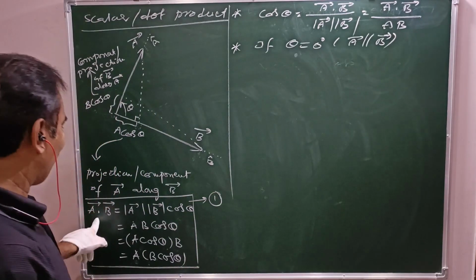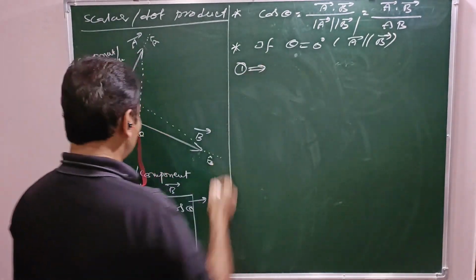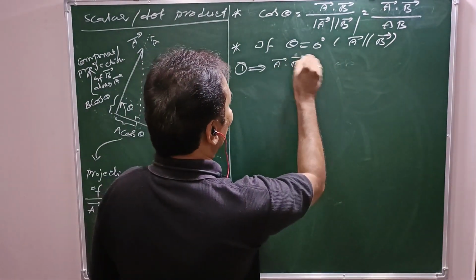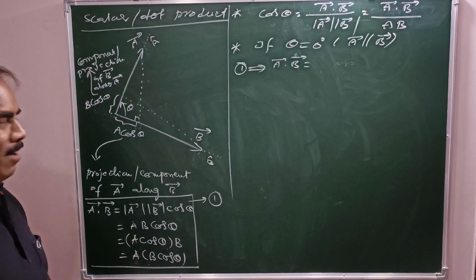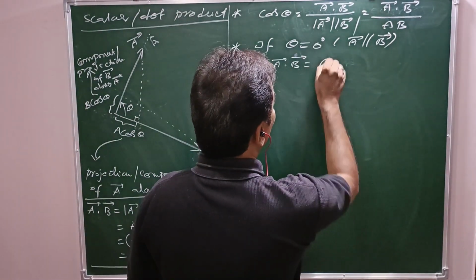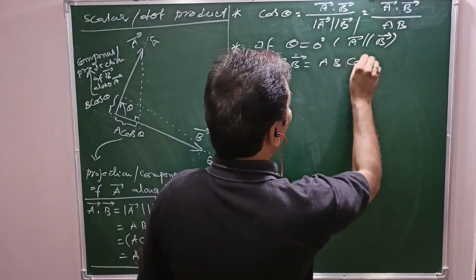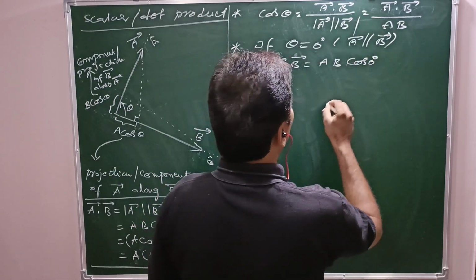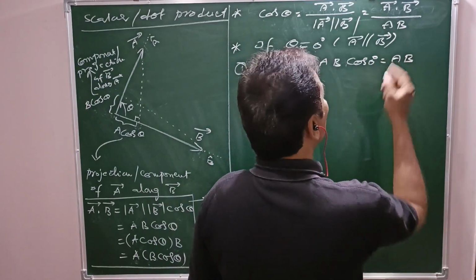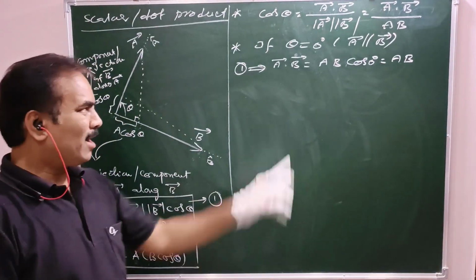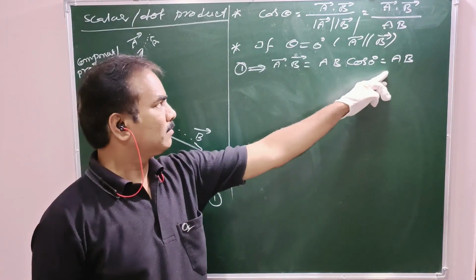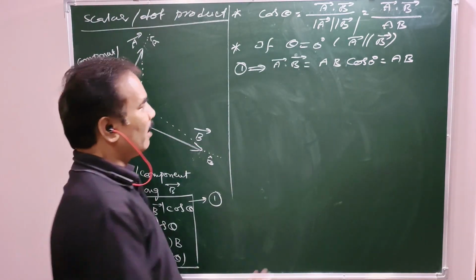Now, the first expression implies A bar dot B bar equal to mod A bar mod B bar cos theta, that is AB cos theta, where mod A bar means A, mod B bar means B, into cos theta. What is theta? 0 degrees. That is A into B into cos 0, and cos 0 is 1. So A bar dot B bar equal to AB, which is a positive value. Theta is 0 means positive value AB.